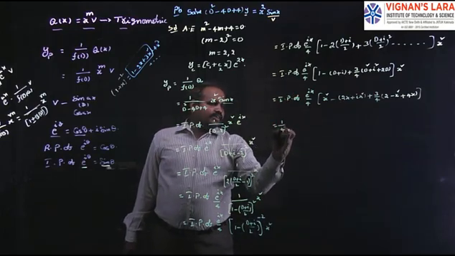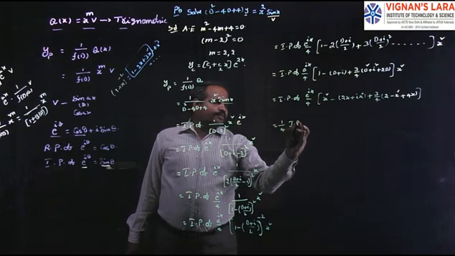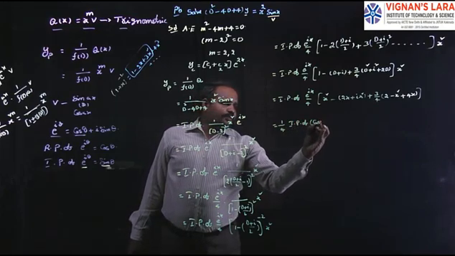Which is equal to, here 1 by 4 right outside, the imaginary part of e power ix. What is the formula of e power ix?